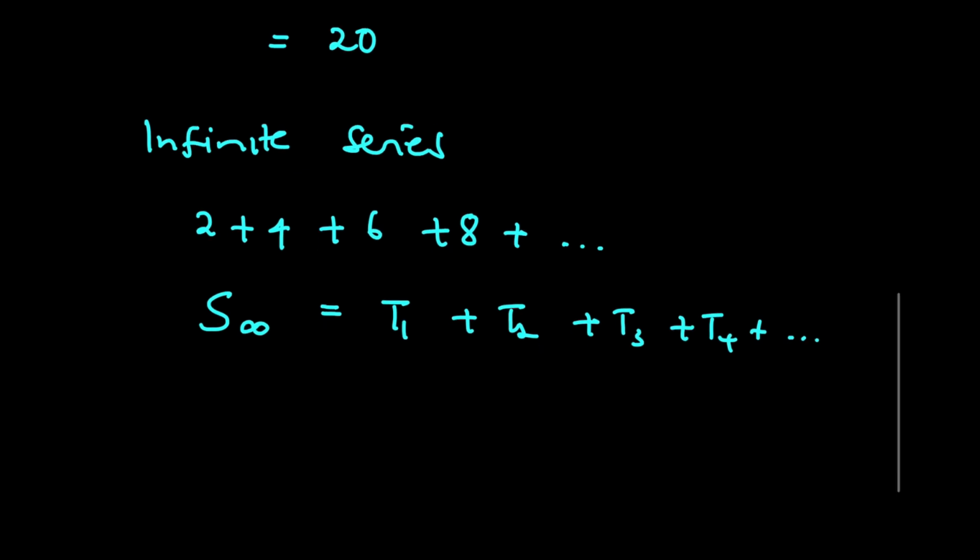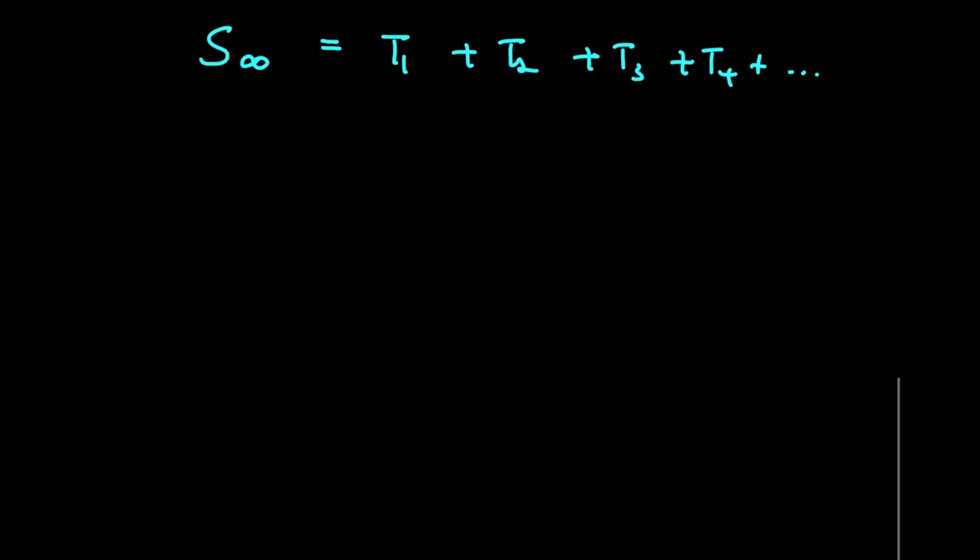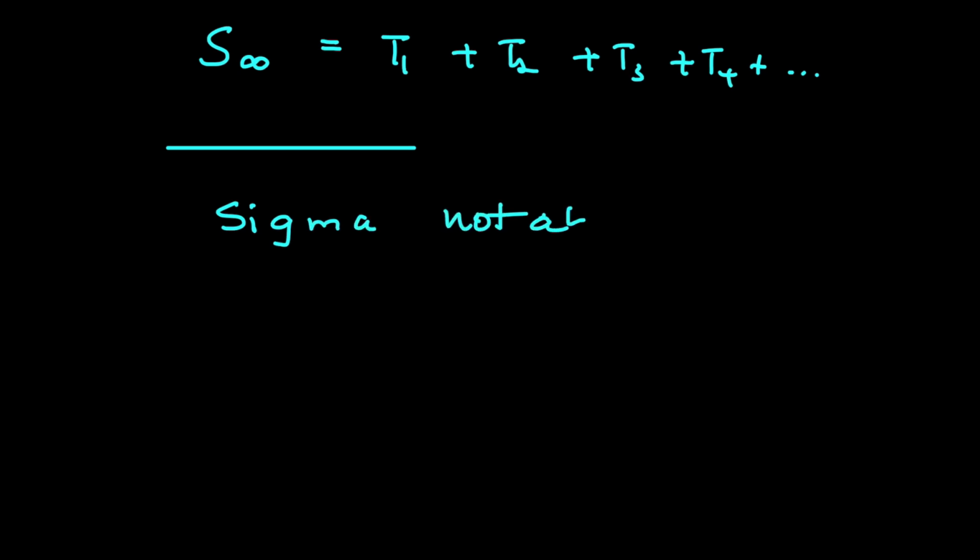And now there is a notation, guys, that is very useful whenever we are summing stuff, and that is called the sigma notation. Someone once said the stigma notation. It's not the stigma notation, it's the sigma notation.